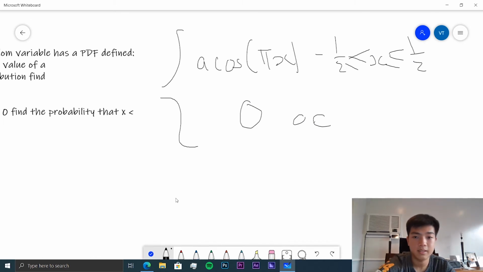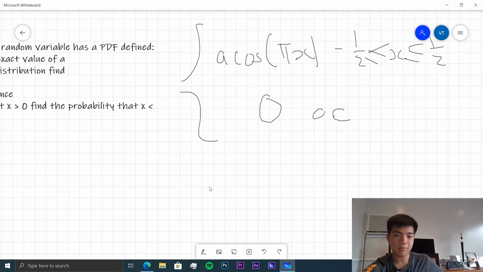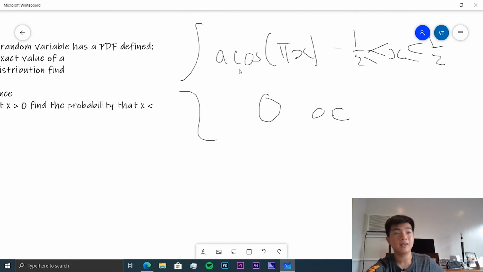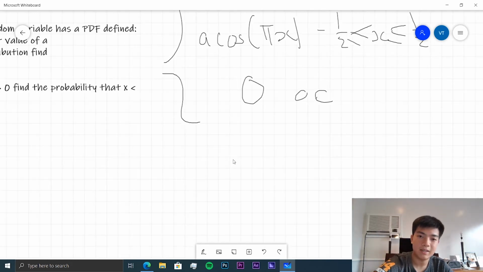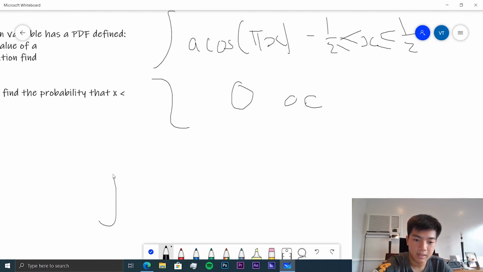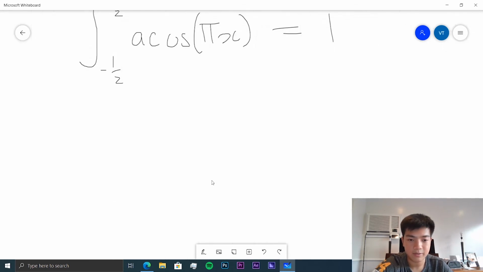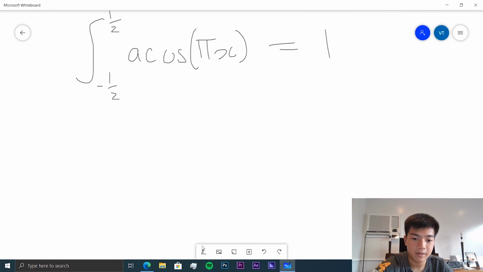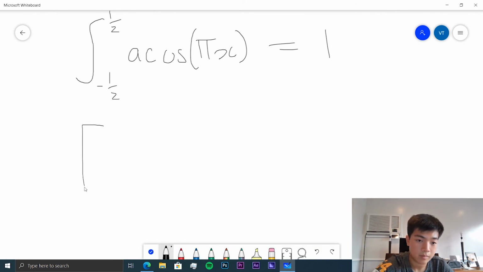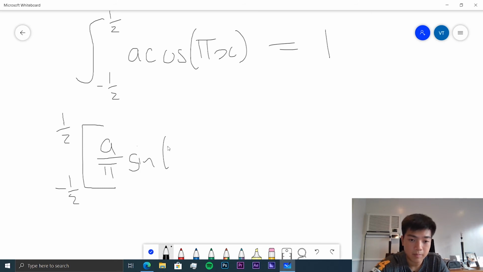So to find the exact value of a, we need to remember that the integral of the entire thing should equal 1, or the area under the curve should equal 1. So the integral between negative 1/2 and 1/2 of a cosine pi x dx must equal 1. So we have the integral of a over pi sine pi x between 1/2 and negative 1/2 equal to 1.